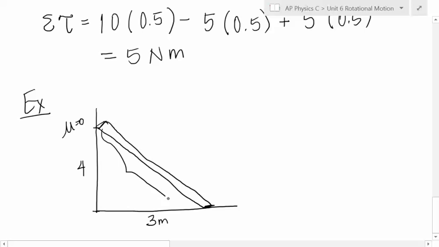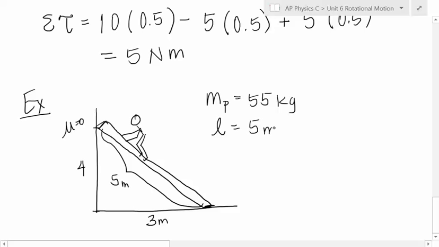and the length of my ladder is 5 meters. And I have a person that has climbed up this ladder, and that person is right here. So the mass of the person is 55 kilograms. The length of the ladder is 5 meters.